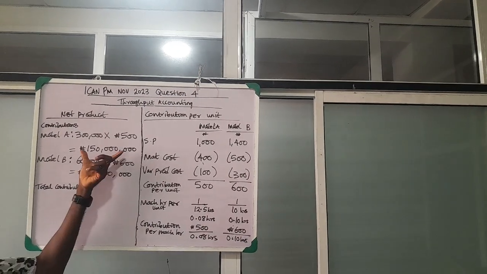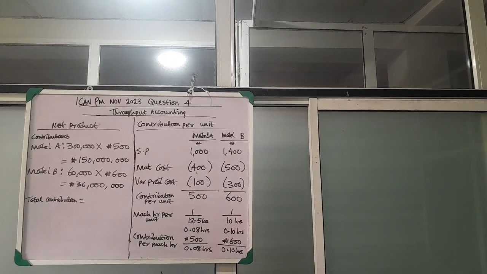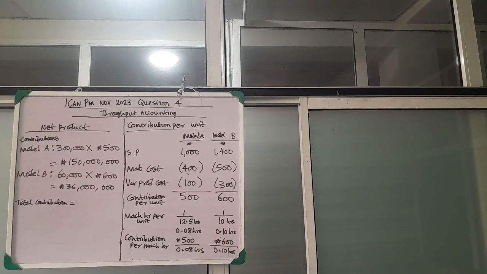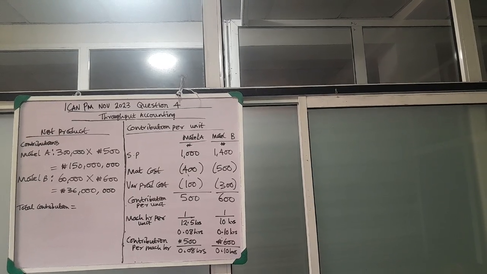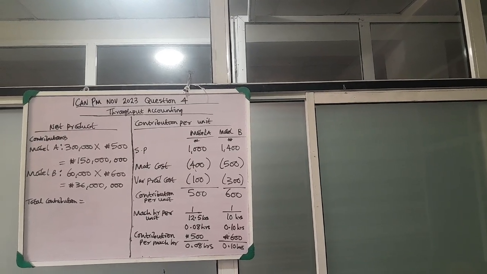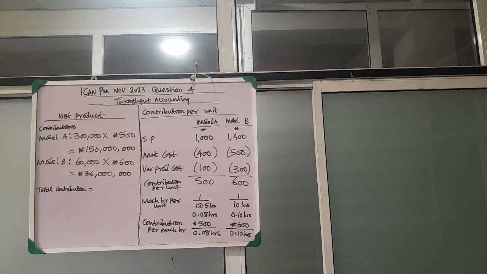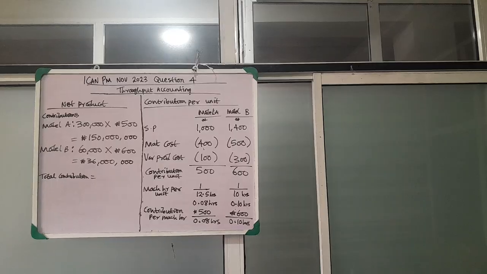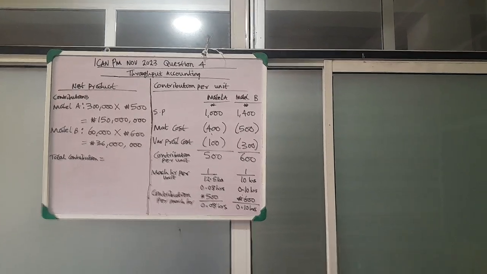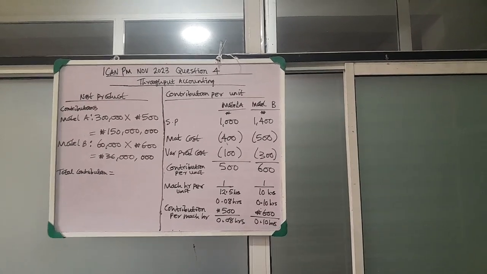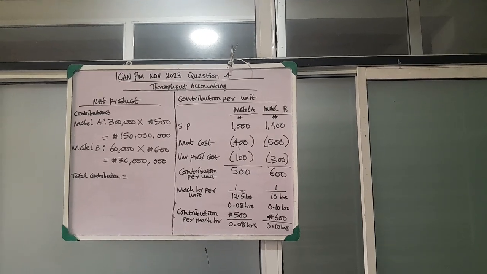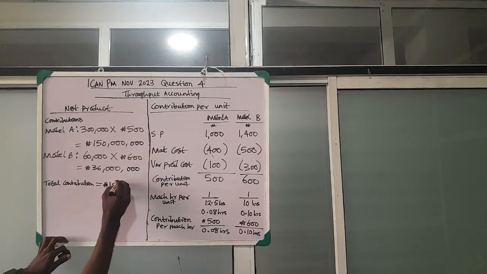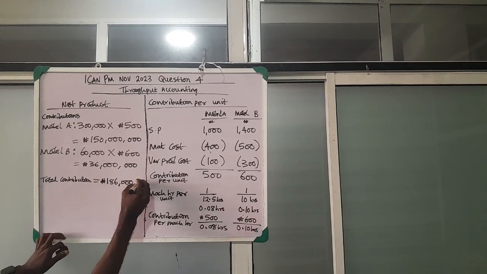We have 150 million, which is from model A, and 36 million, which is from model B. So 150 million plus 36 million will give us 186 million. So this is the total contribution.